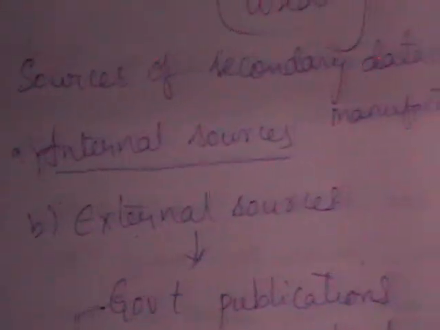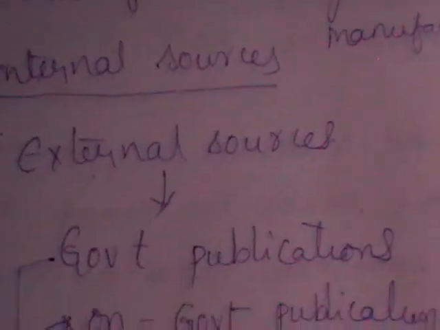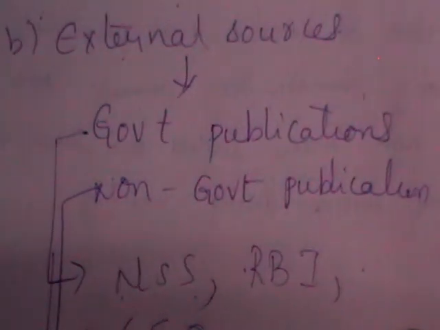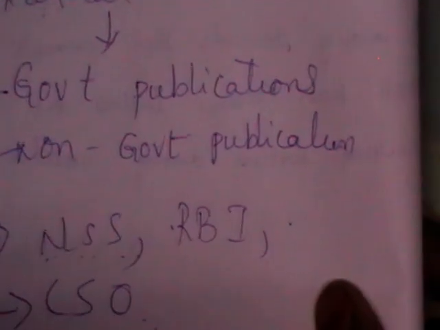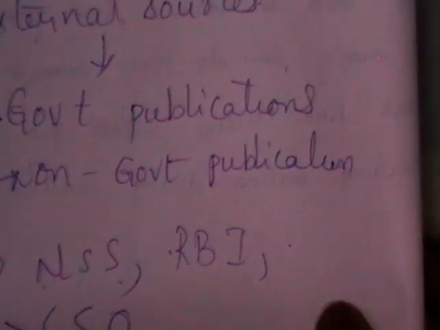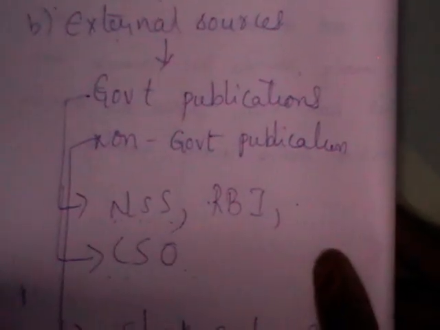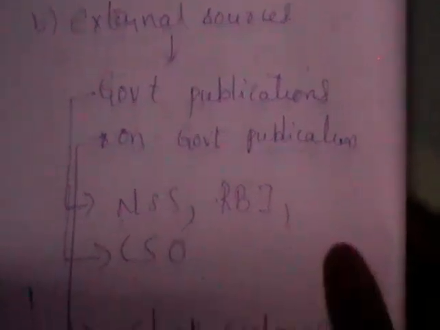Under sources of secondary data, we have two major sources: internal sources and external sources. If you are dealing with a manufacturing unit or any other firm, the accounting records and miscellaneous reports maintained by that industry become the internal sources. External sources are of two types: government publications and non-government publications.